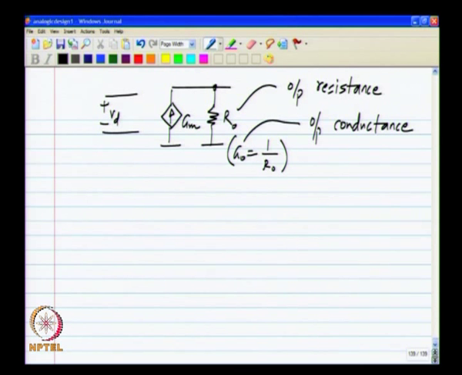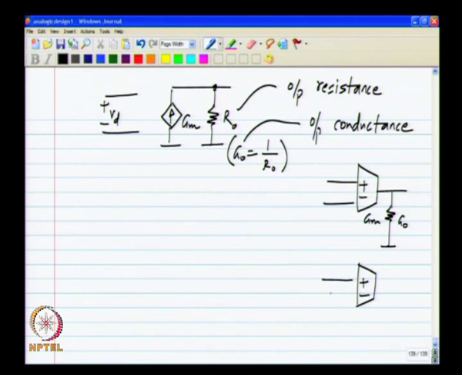So, what does this mean for our op amp? By the way, while using the new symbol, this can be shown outside, okay, or sometimes just to make the schematic simpler, we may write Gm and Go, which means that this has a transconductance of Gm and an output conductance of Go, or alternatively we could even write Gm and Ro, which means that it has a transconductance of Gm and an output resistance of Ro.